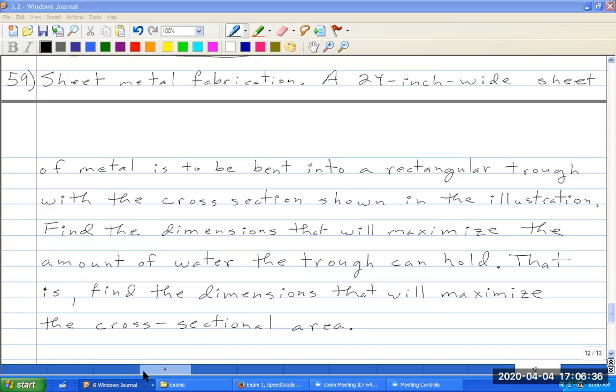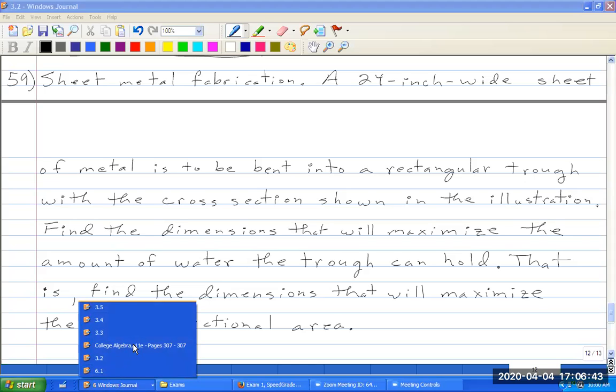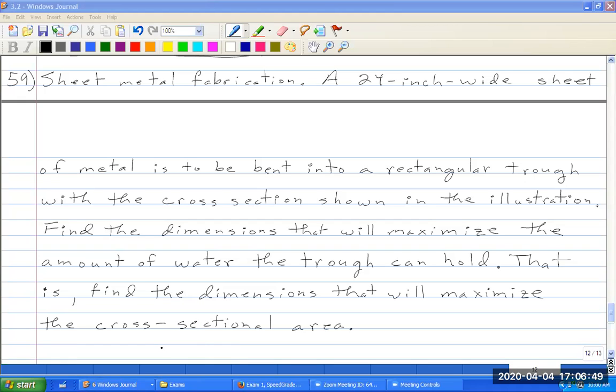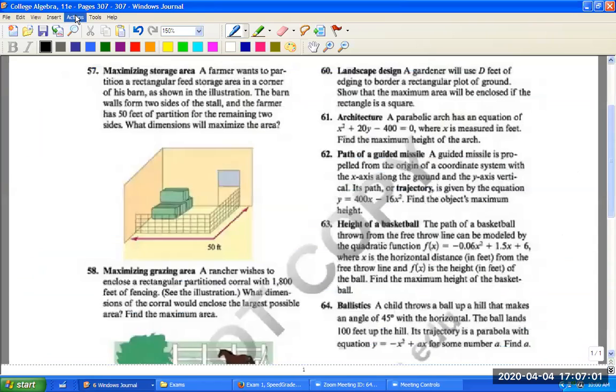So here's the illustration. Find the dimensions that will maximize the amount of water the trough can hold. That is, find the dimensions that will maximize the cross-sectional area.